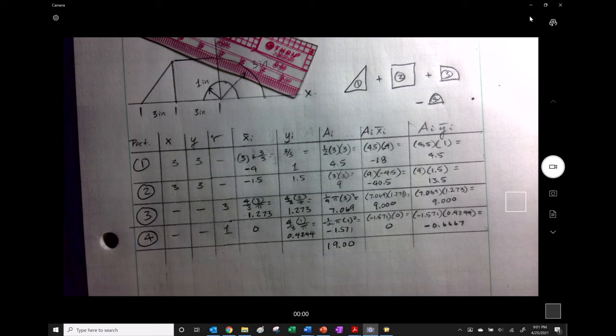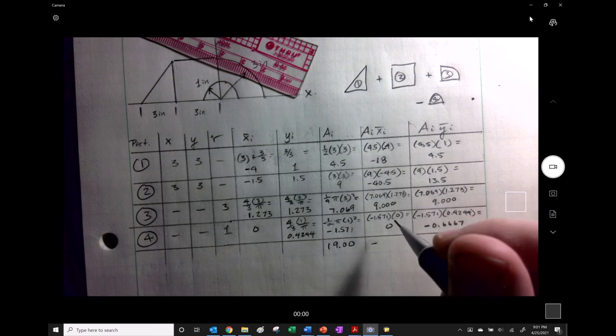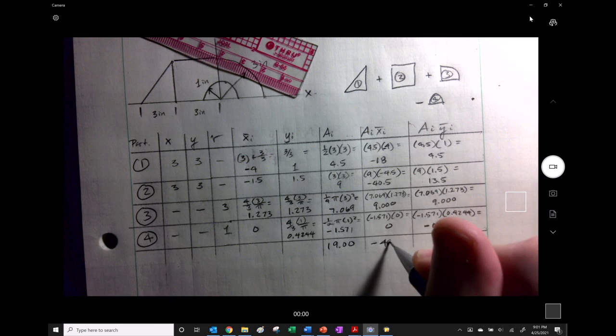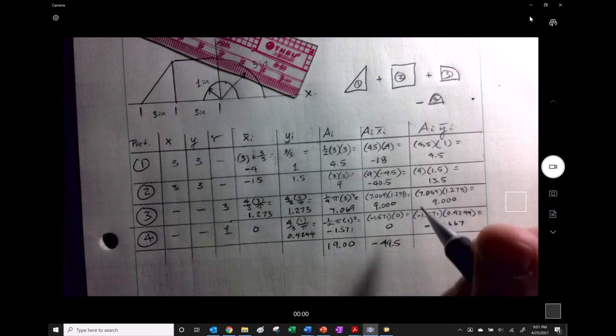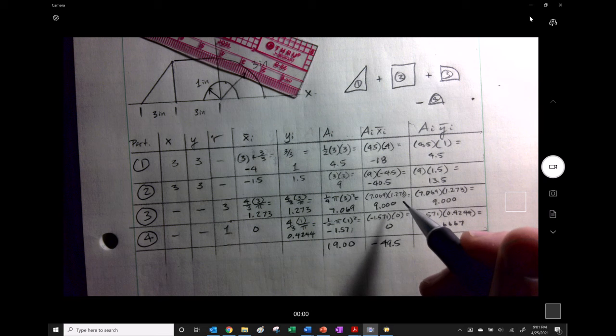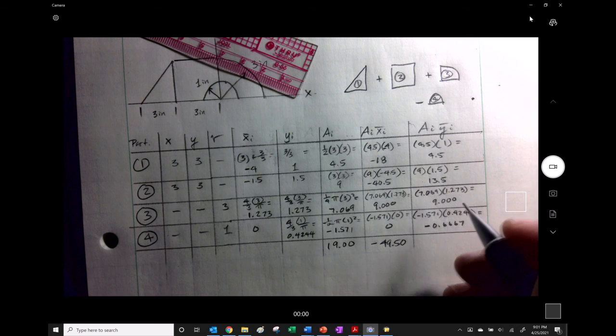And then 9, you add to it. So we end up with a negative 49.5. Interesting. And then a 4.5 and 13.5. Add them together, add 9 to it. Subtract out 0.66666, whatever.